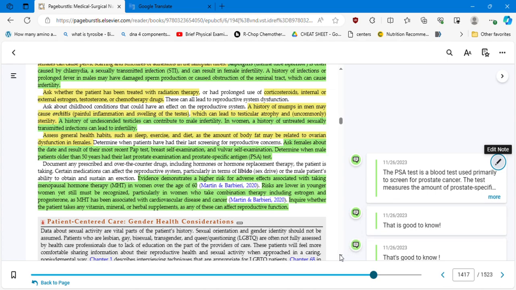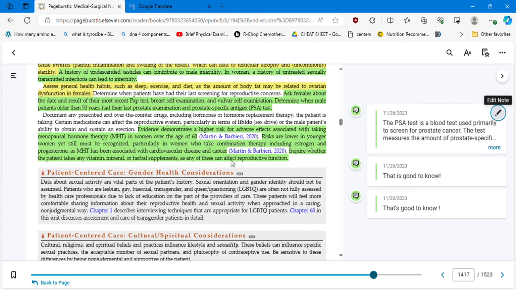Also remember another thing that's good to know: the factors that are important to the risk in menopausal hormone therapy in women over the age of 60, and the role that estrogen and progesterone play in combination with cardiovascular disease and cancer. Okay, that's good to know.